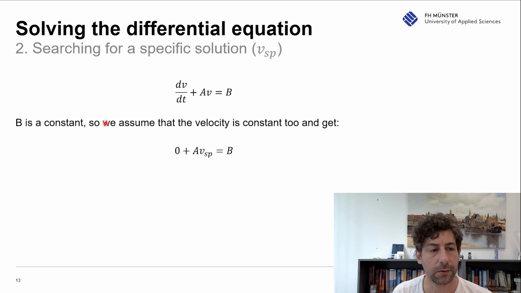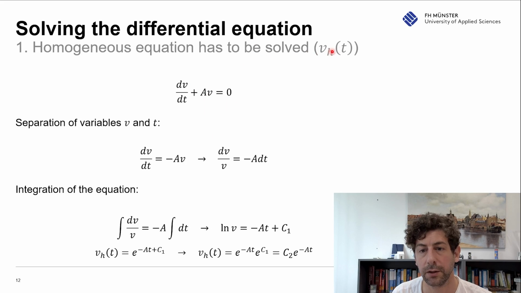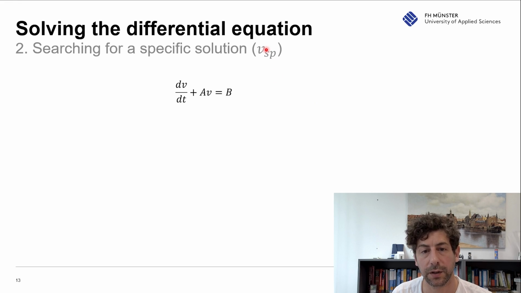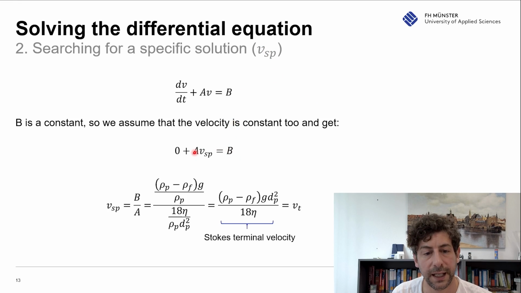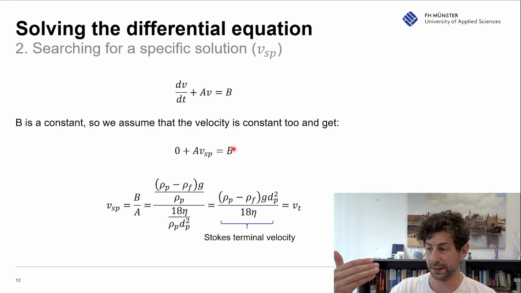And in the specific solution we say, okay, b is a constant, so we assume that the velocity is a constant too. And if so it's not depending on t anymore, and if this is a constant, this goes to 0, and we have a constant value here, right? So vsp, and if you compare to here it's depending on t. Now it's a constant, not depending on t anymore.